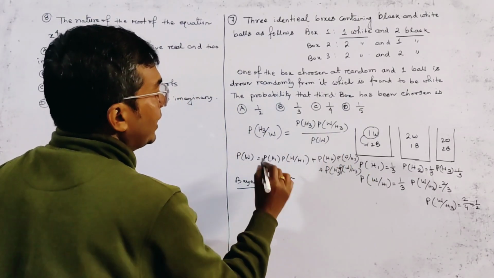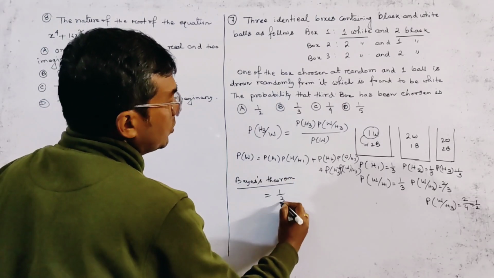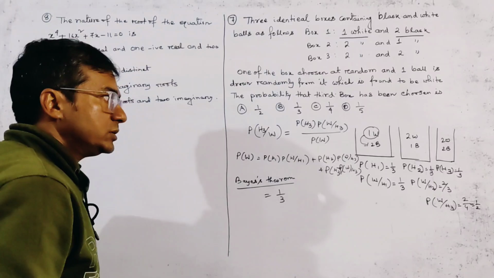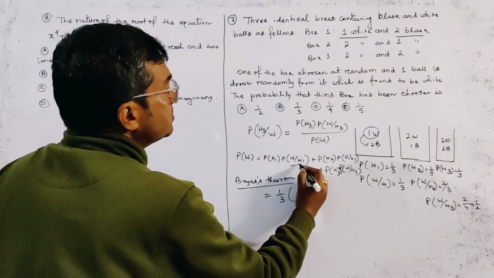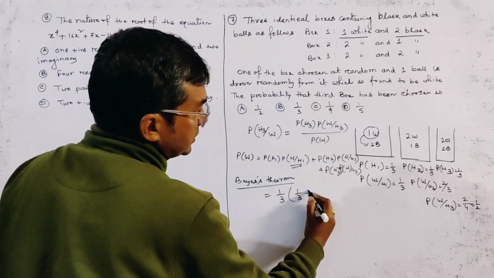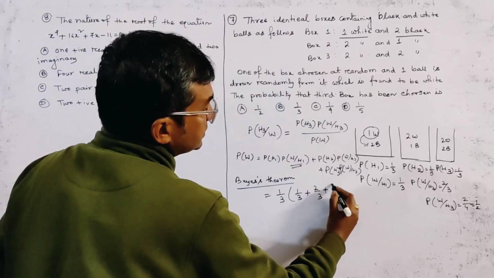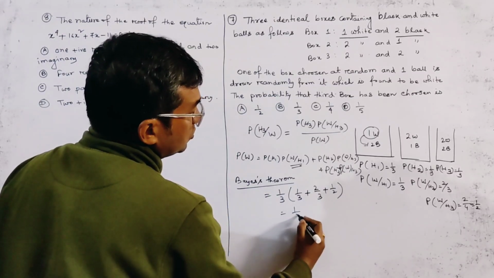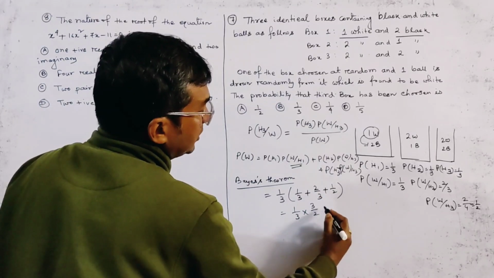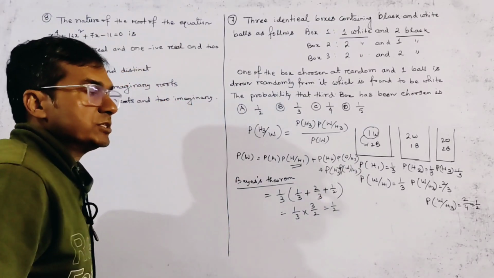So by putting the values, we take common 1/3, because P of H1, P of H2, P of H3 all are 1/3, and the values we already wrote here, this is 1/3, this is 2/3, and this is half. So this is 1/3 into, this is 1, so this is 3/2, so we get half from this.